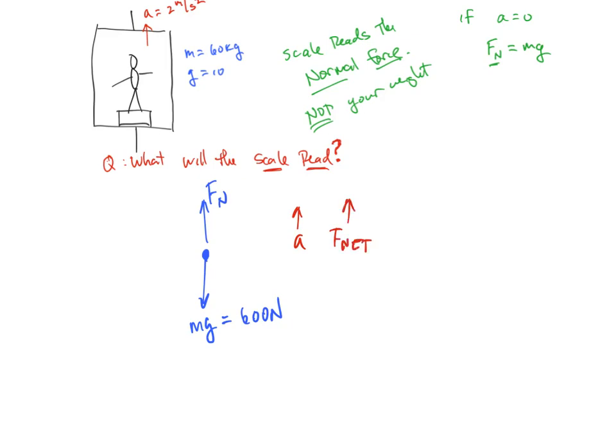So now when I write an F net equals ma equation, this is step 3 in our 3-step process, I know that F sub n has to be bigger than mg because the direction of the net force is up. So the up force has to be bigger than the down force.